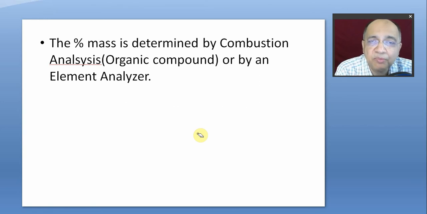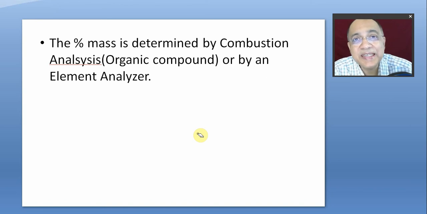Even for inorganic compounds, we now have an elemental analyzer, a digital one, where we can find out the mass percent of each element present in an unknown compound whose empirical formula we are now going to determine.